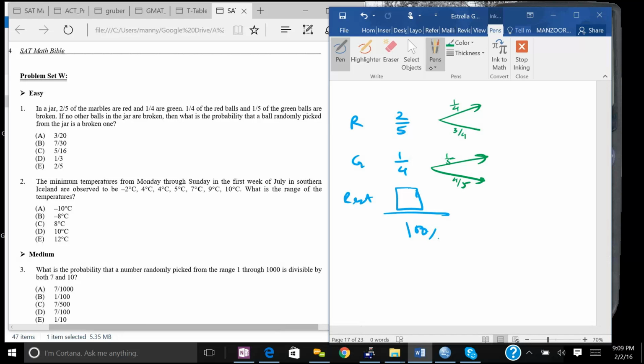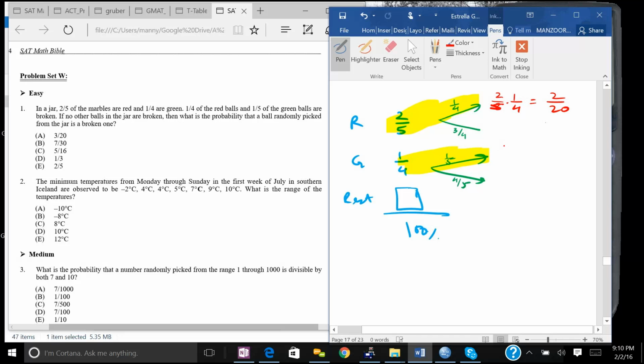So we really need to look at this one and this one, right? This is the path. When you multiply, first you get red ones, 2/5 of those, and then you multiply with the 1/4. So 2/5 times 1/4 is 2/20. Okay. So 2/20 are red and broken.